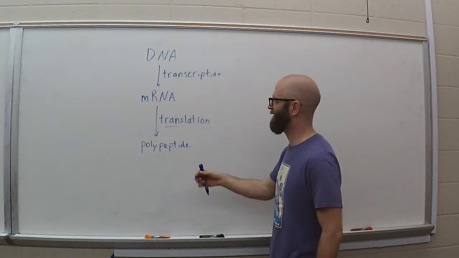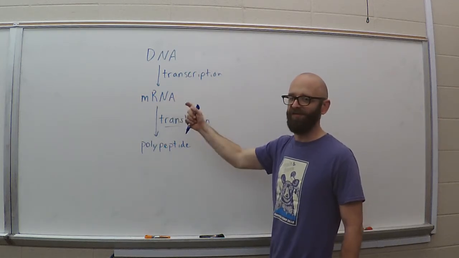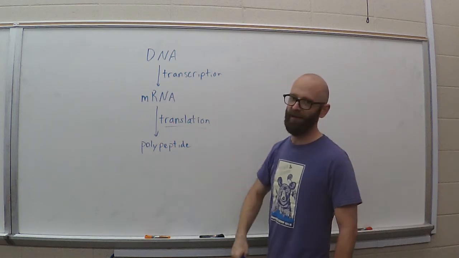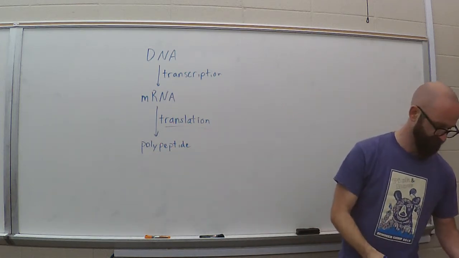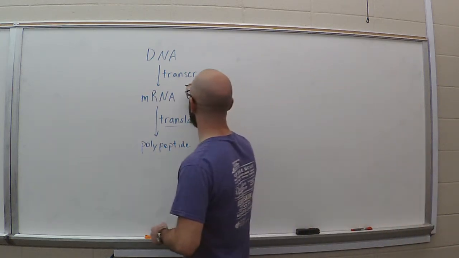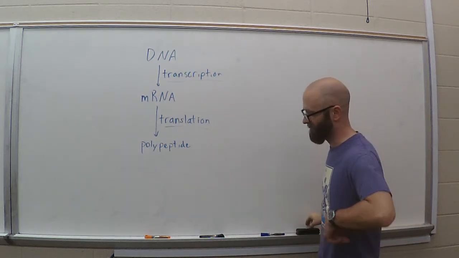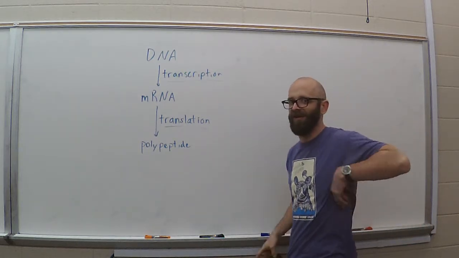Translation is just the process by which an mRNA transcript is used as a blueprint to make a polypeptide or a protein. And so we're going to start here. We're going to start with transcription and look at it in a very general sense.